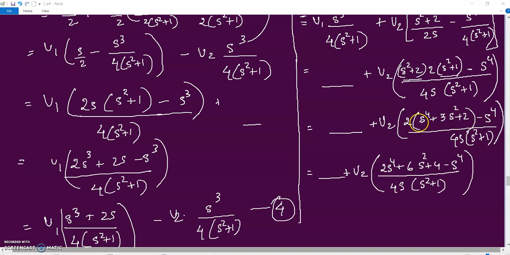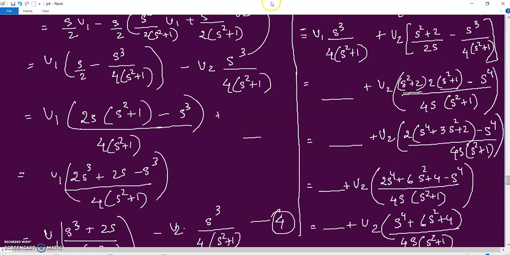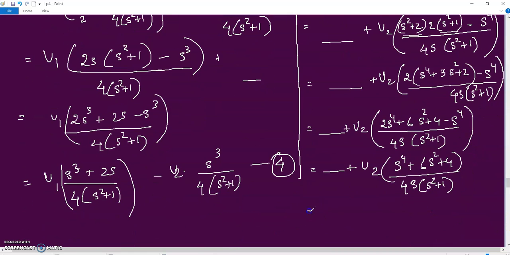I multiplied 2 with all these terms to get 2S raised to 4 plus 6S square plus 4 minus S square. 2S raised to 4 minus S raised to 4 is S raised to 4 plus 6S square plus 4. So now we have the equation. We can write the equation with V1 and V2 terms. That is equation number 5.